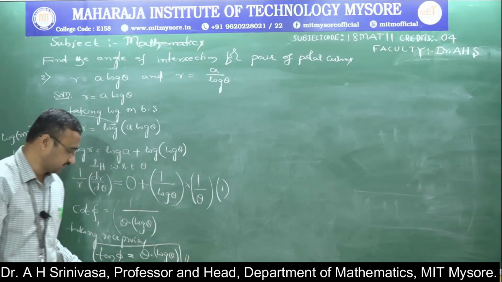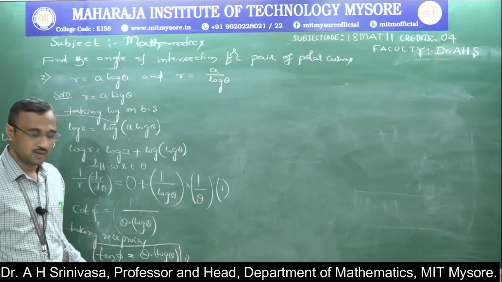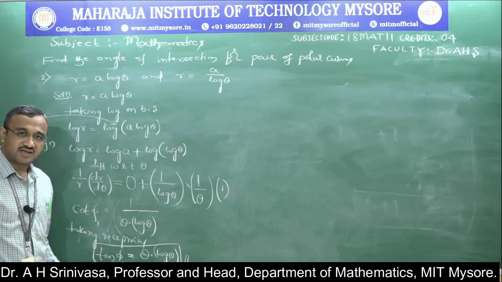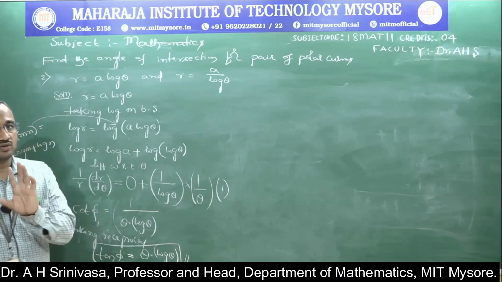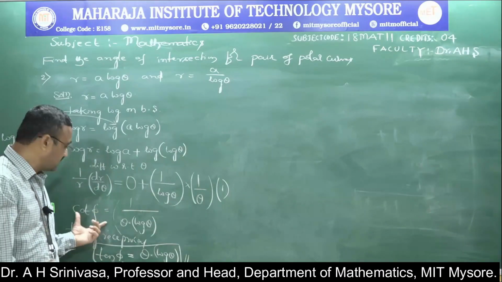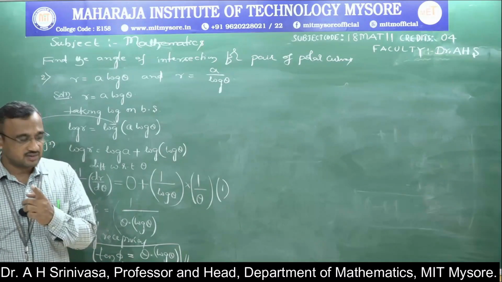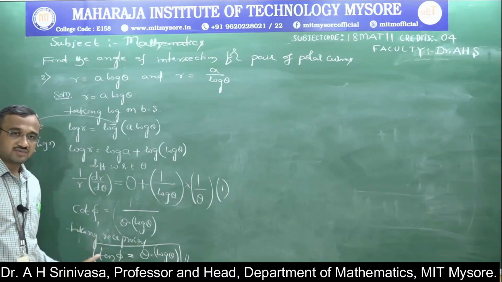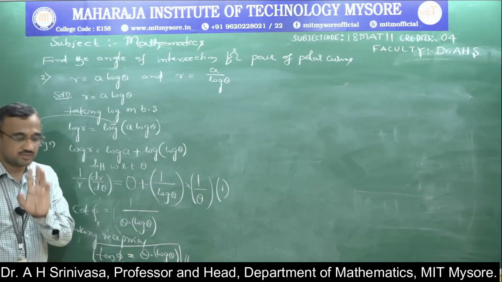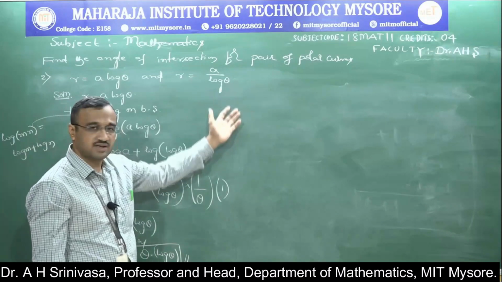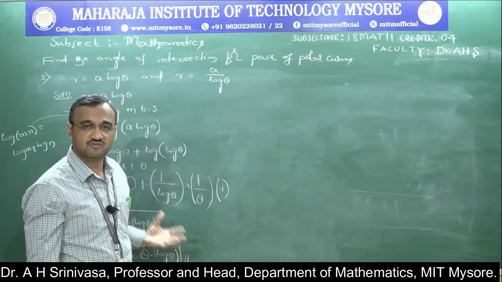So now I got theta into log theta. You have to be careful here. Why am I changing this to tan? Because you already know one of the formulas. Here we cannot extract the value of phi very easily, so you have to change it in terms of tan. Keep this in mind. The same procedure you have to adapt for extracting the value of phi.